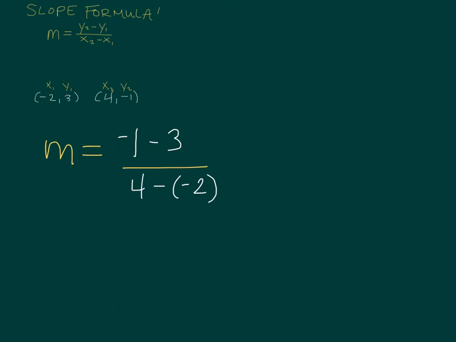Now I'm going to remember that in the formula itself I've got subtraction in the numerator and in the denominator. So anytime that I see a negative number, I really should put it in parentheses. I didn't on the top originally because that negative number came first out of the 2, but it's always good practice to put negative numbers in parentheses, especially in this case.